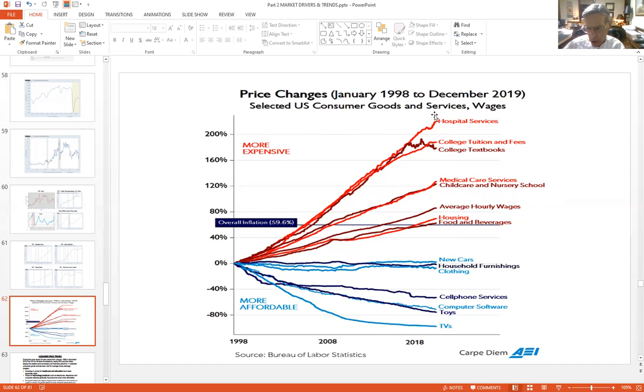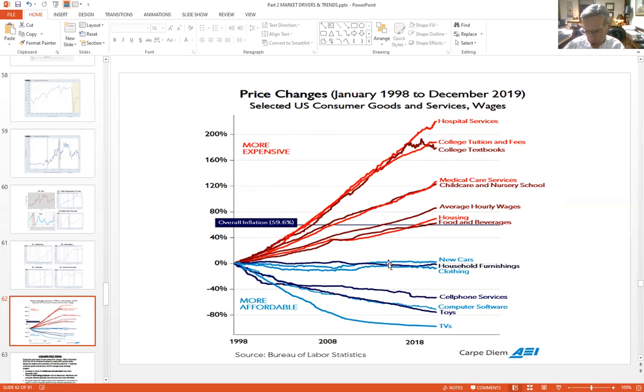But you can see up here, when we're talking about hospital services, it's more like 250%. College tuition, maybe 180%. Medical care, 150%, and so forth.